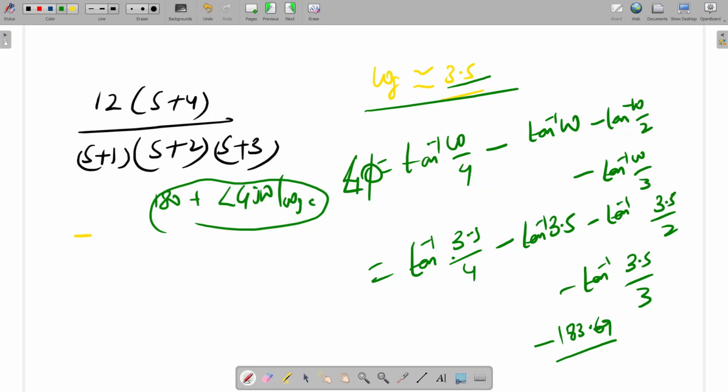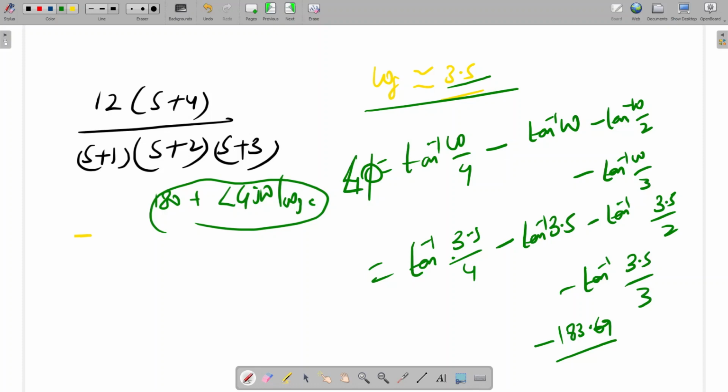Okay. So we are getting a negative phase margin. Some mistake. Any mistake is there? Minus 183 plus 180.